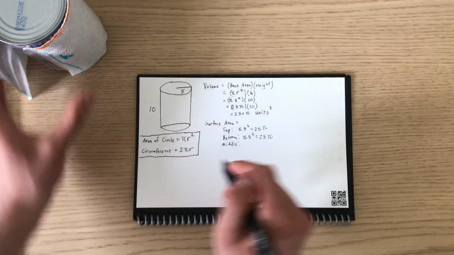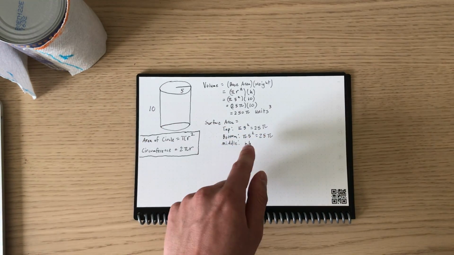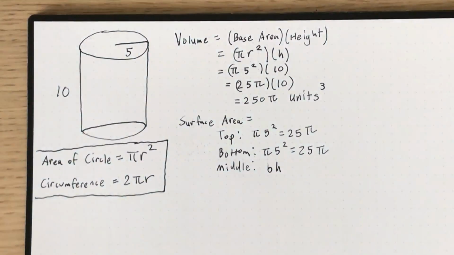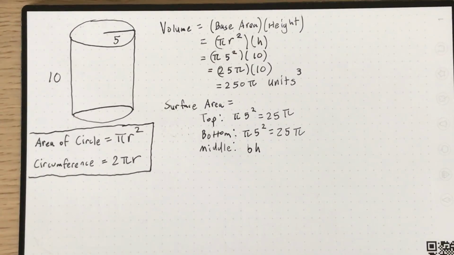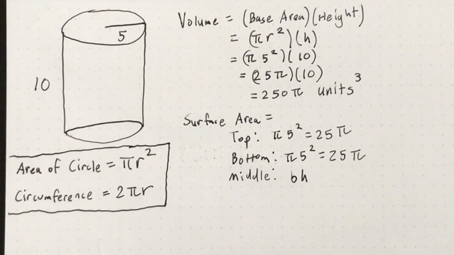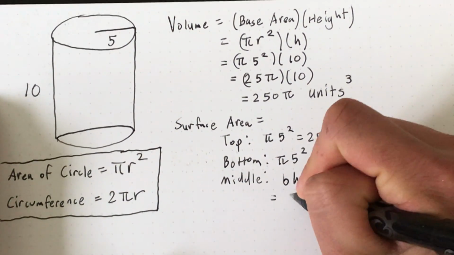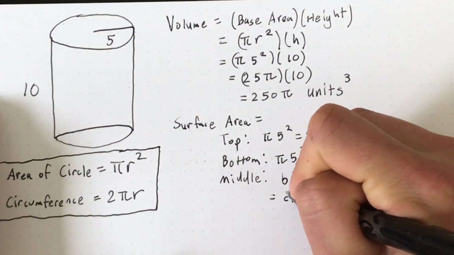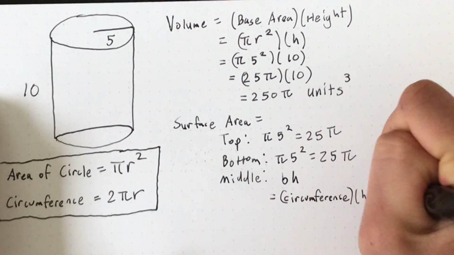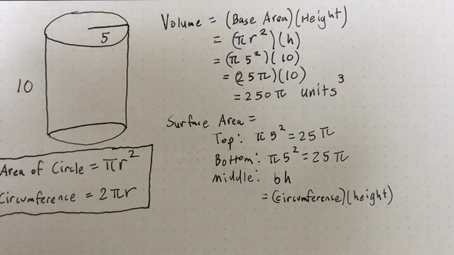So what we can do is, this is base times height, which is the same thing as circumference times height.